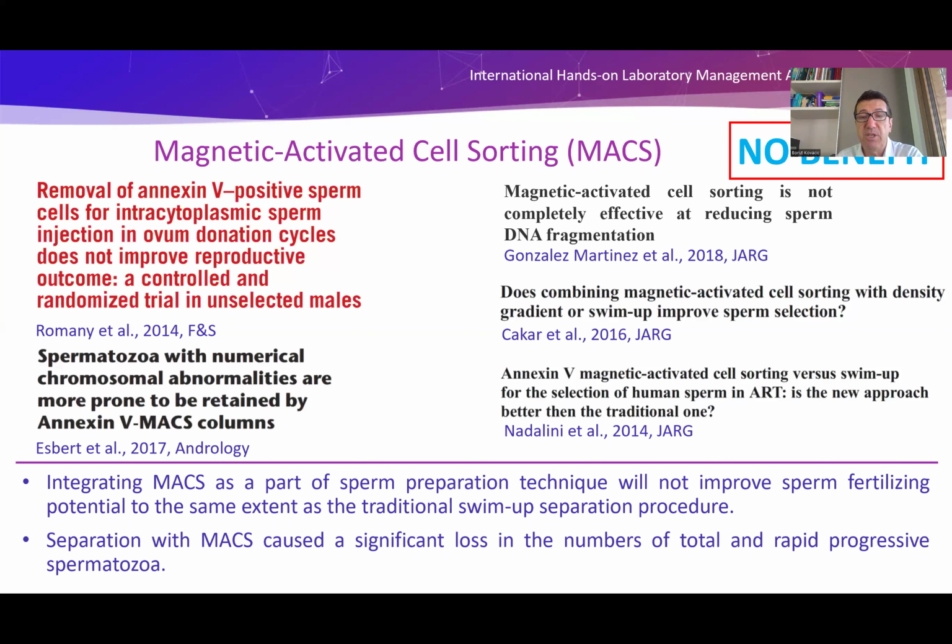So the summary of these papers shows that integrating MACS as a part of sperm preparation techniques will not improve sperm fertilizing potential to the same extent as the traditional swim up or other conventional sperm preparation, sperm separation procedures, and the separation with MACS caused a significant loss in the number of total and rapid progressive spermatozoa. So if it is used, then it cannot be used for oligozoospermic sperm samples.